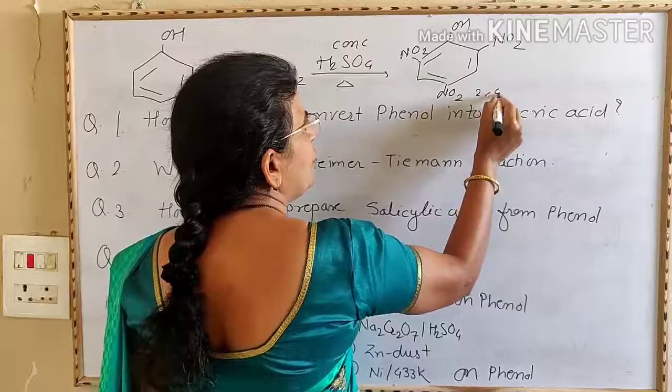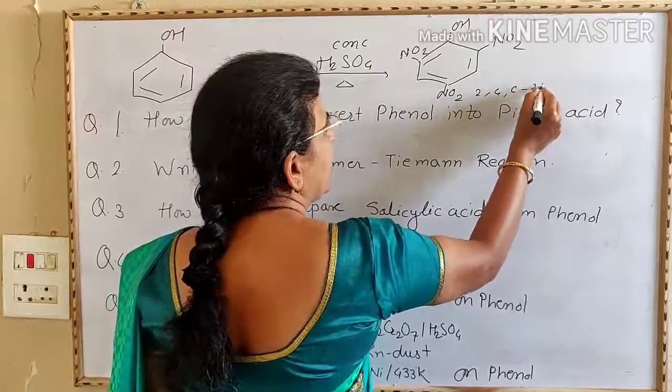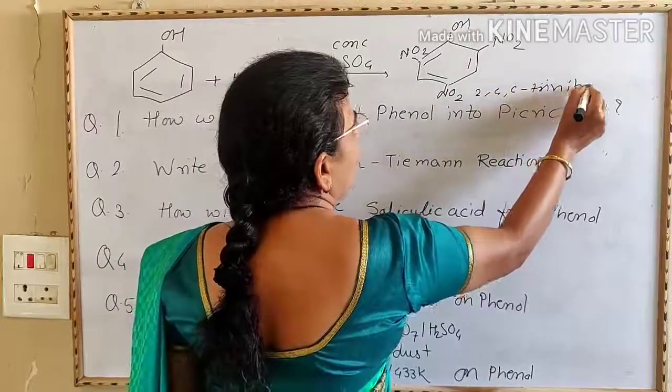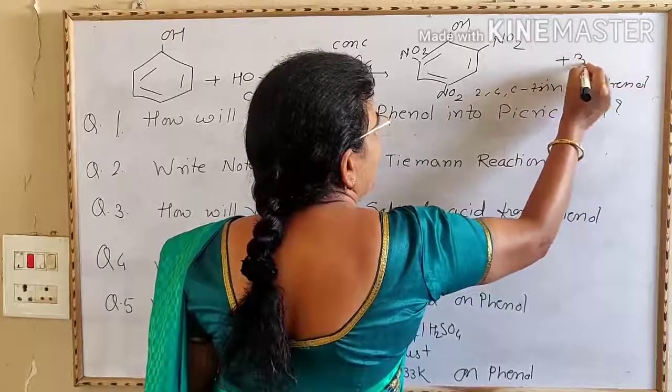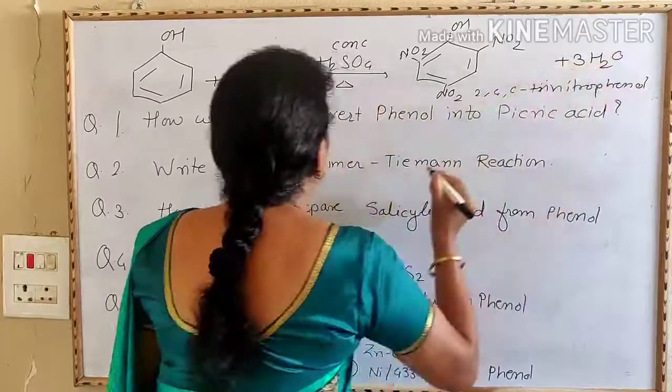This is 2,4,6 trinitrophenol plus 3H2O. We have to balance this reaction.